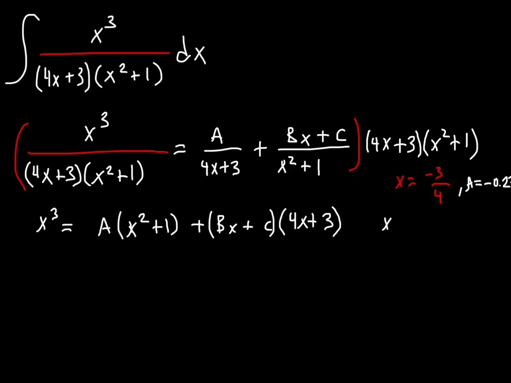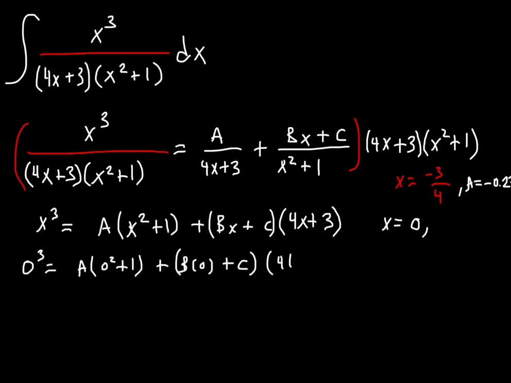Now I'm going to solve for C by setting x equal to 0. When I set x equal to 0, the B cancels out, and I'm going to replace A with the answer that I just got. So then I'm able to solve for C. So 0 cubed is equal to A times 0 squared plus 1 plus B times 0 plus C times 4 times 0 plus 3.